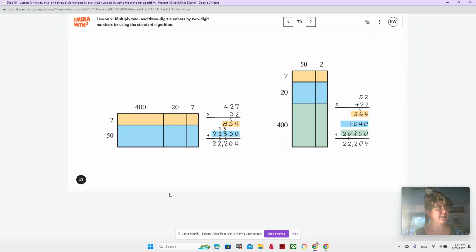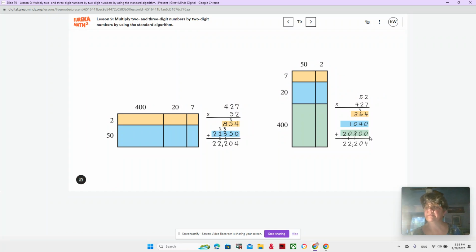And here are some possible, right? Here's what you hopefully have in your area models for those in your Ed Puzzle. Do you see that the partial products are different, right? Here we have 854 to 21,350. And here we have 364, 1,040, and 20,800.